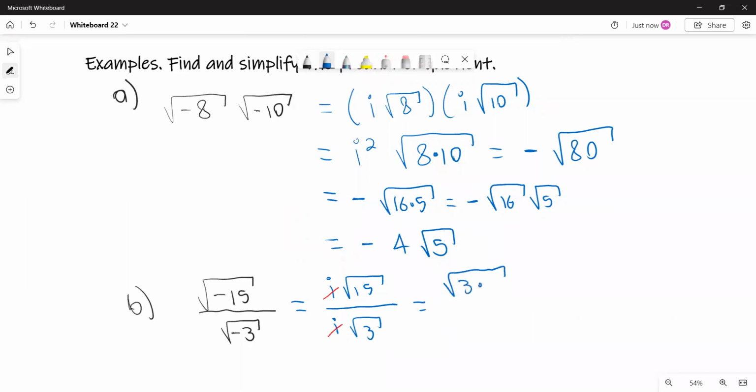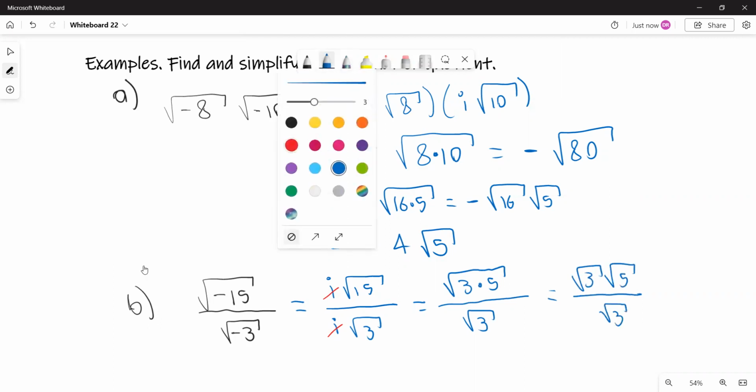15 is 3 times 5. And we can separate the square root of 3 and the square root of 5. Okay, so this cancels out.